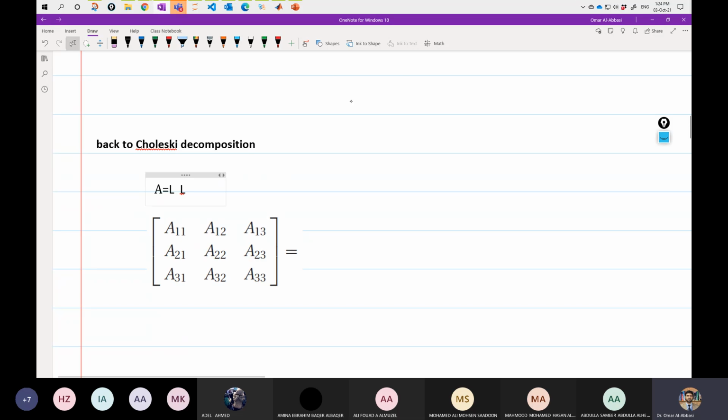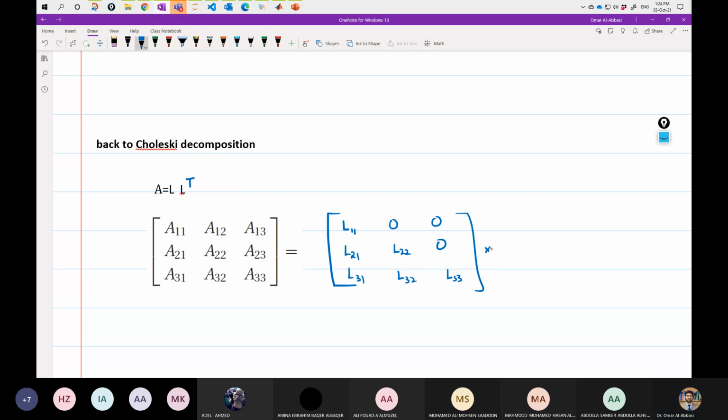This is wrong. It should be something like this. L times L transpose is equal to A. This is L, which is basically a lower triangular matrix: L11, 0 and 0, L21, L22, and 0, L31, L32, L33, multiplied by the transpose of that.